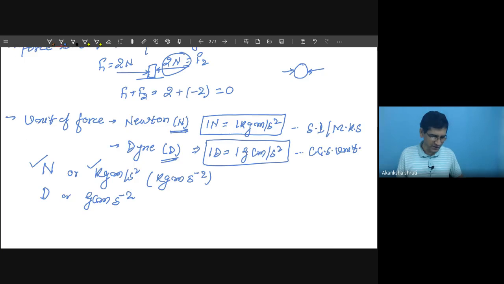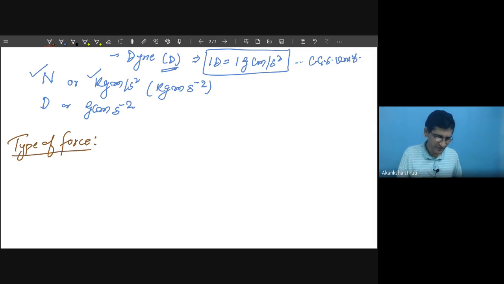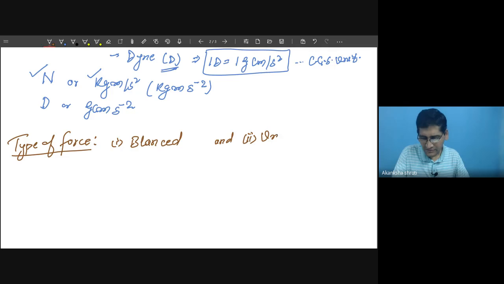Students, now regarding the type of force, there are broadly 2 kinds. One is called the balanced force, and the second one we have to learn is unbalanced force.